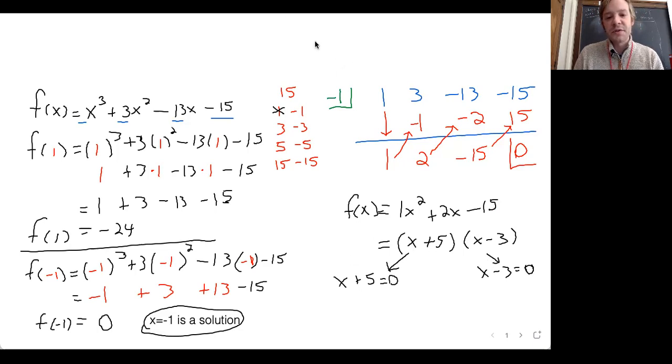Then I just solve each of these 2 equations out. First one, I'm going to subtract 5 on both sides. And that will give me x equals negative 5. The second one, I will add 3 on both sides. And that will give me x equals 3.